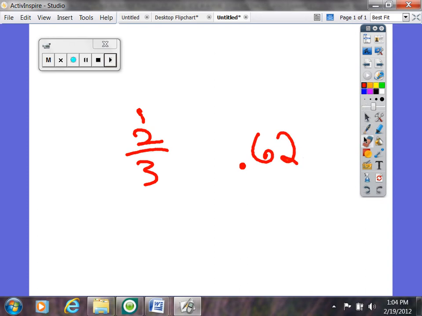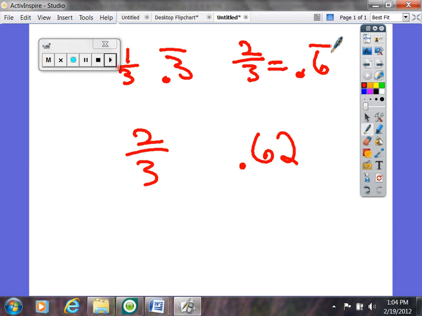Well, if I know that 1/3 is 0.3 with a bar over it, which means 3's will never end, 2/3 is going to be 0.6 that will never end. And if you'll notice that that's at the bottom, that's one of those equivalents that would be good for them to memorize. But if they don't memorize it, they're going to have to do a couple of things.